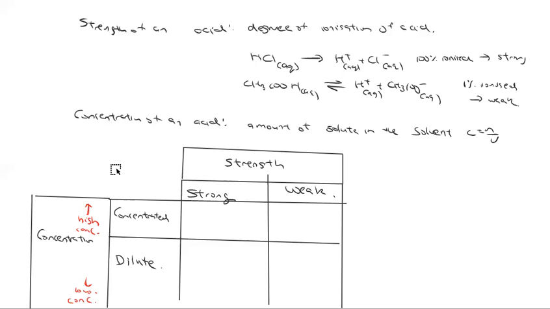Okay. Now obviously that just means quantitatively, H plus or H3O plus is high. I mean, you guys know that. And in terms of strength, it's basically degree of ionization. So one way to look at it is that percentage ionization is high here, and this percentage is low.